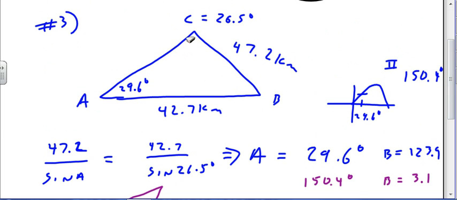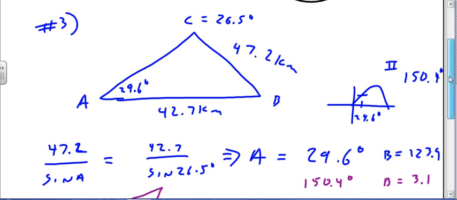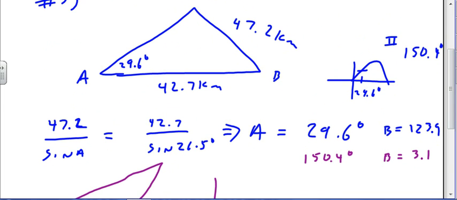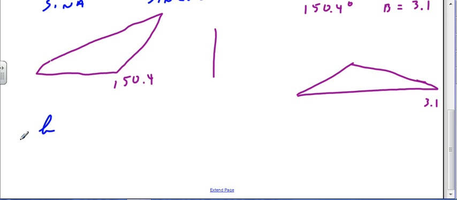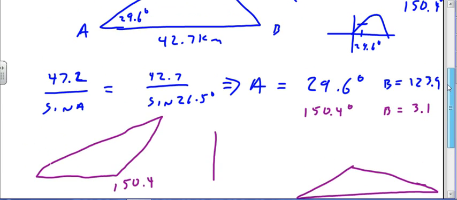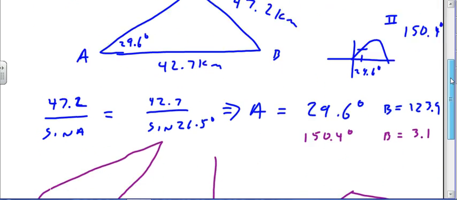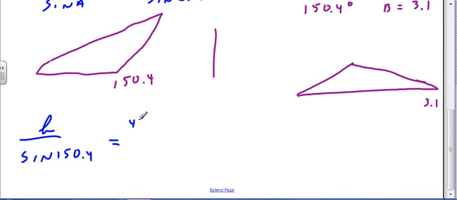Okay, so we have two different values of little b defined. If I'm doing the blue solution, then my little b over the sine of 150.4 has to equal 47.2 over sine 29.6.